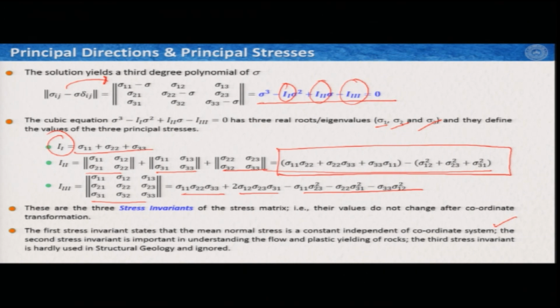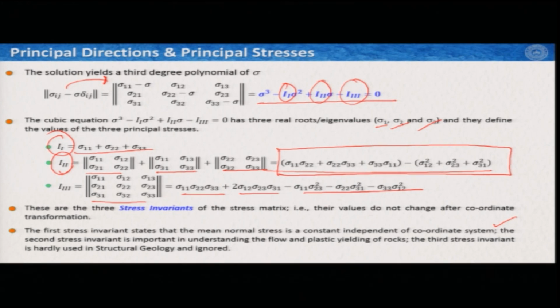You will learn later about the von Mises criteria and other failure criteria for the yielding of materials. I2 is used very frequently.